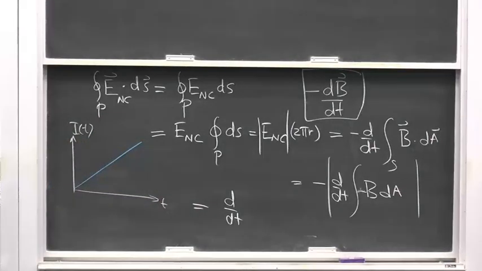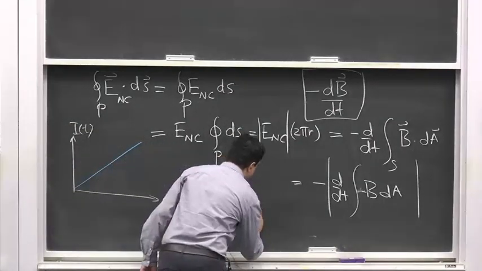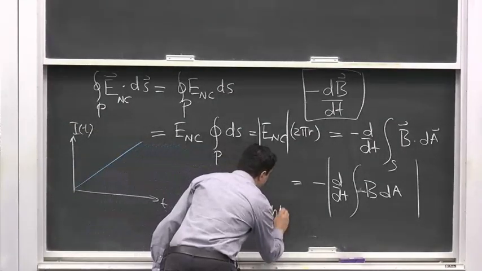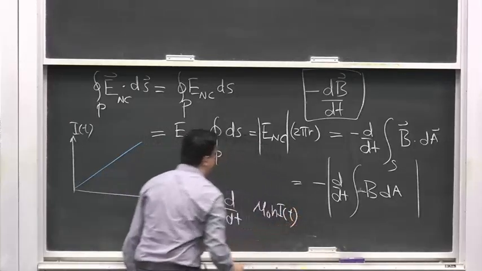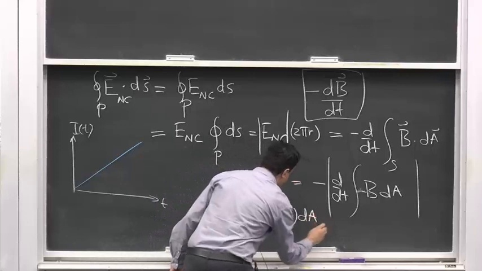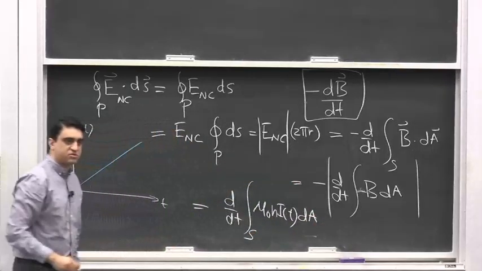As I said, it is set by the current, which is a time dependent current. So that magnetic field would be mu naught n I of t, and dA integral over this whole surface.